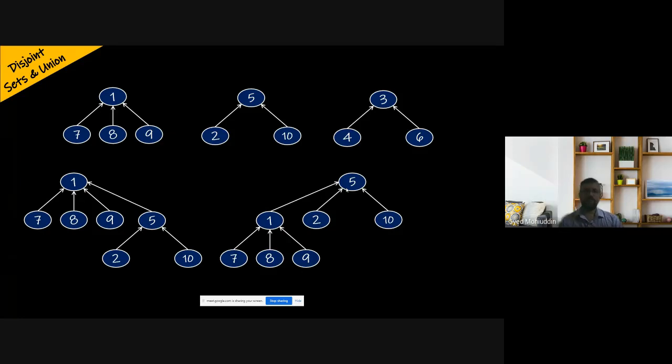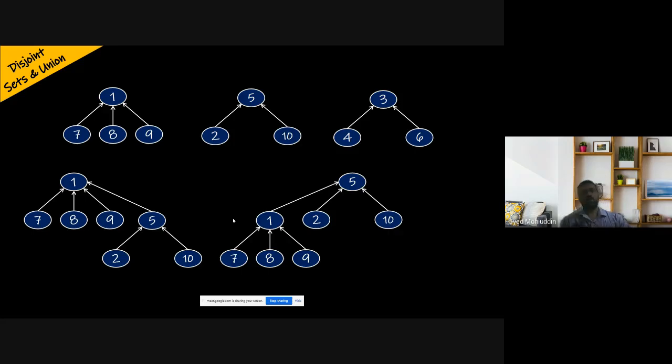Now suppose we have to apply union for this tree with node 3 as the root, we will simply make a union with S1. We will simply make 3 a child of node 1. So there will be an arrow here and it becomes the union of these 3 sets. So this is how union is performed.